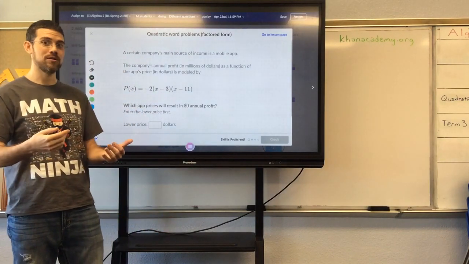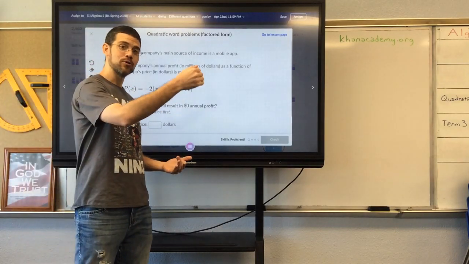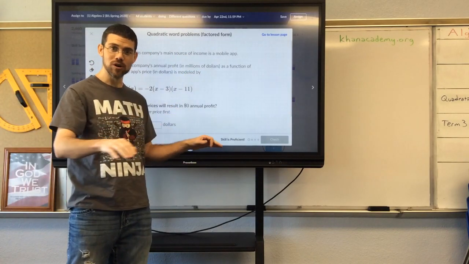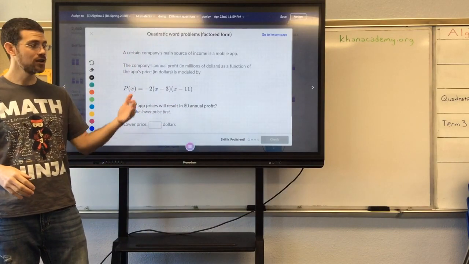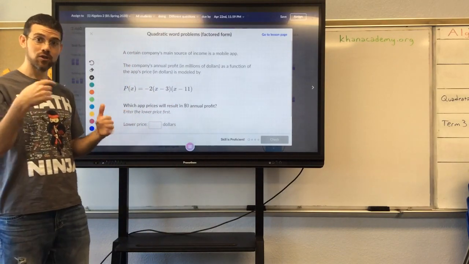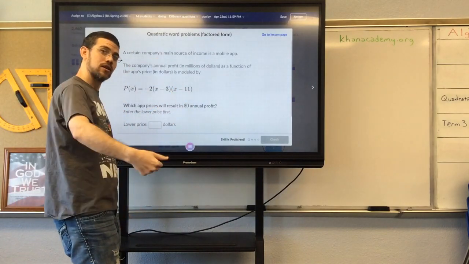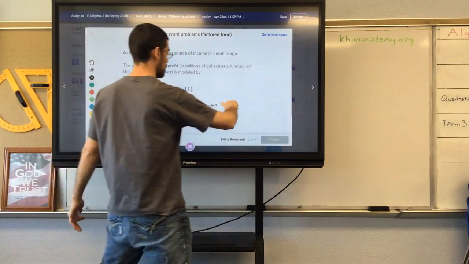So some people will keep paying you for it, but eventually you'll get to a point where you are charging so much that no one uses your product or service, no one pays you, and again your profit is zero. So that function is going to be a parabola that opens down. So it goes like this.